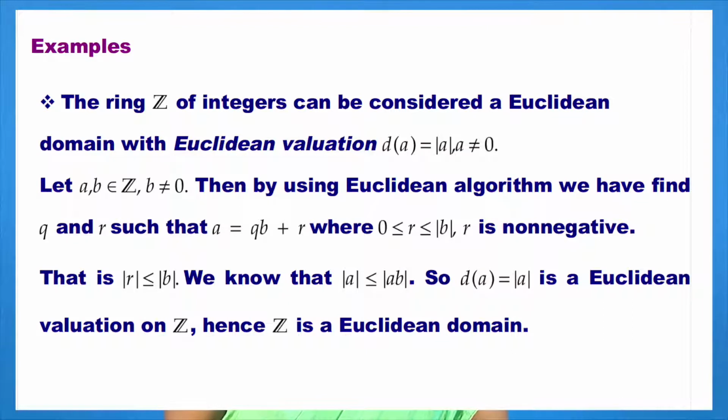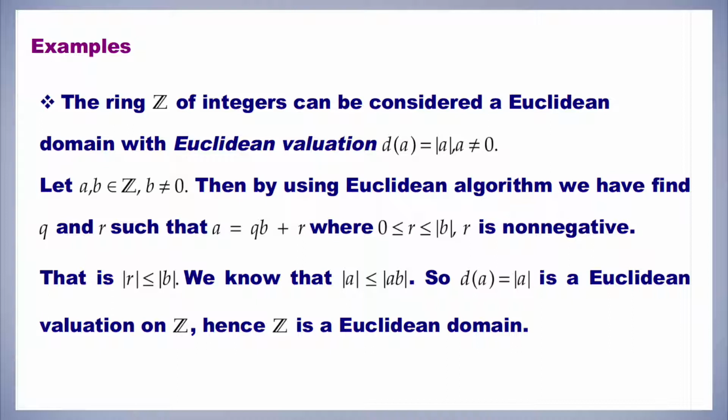Some examples: the ring Z of integers can be considered a Euclidean domain with Euclidean valuation d(a) = |a|, where a is not equal to 0. Let a, b belong to Z with b not equal to 0.